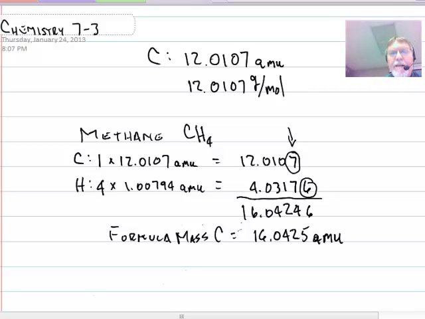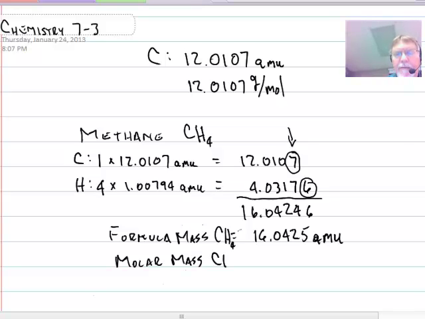And then just like with the atoms, the mass in atomic mass units becomes the mass in grams per mole. So the molar mass, that should be CH4, shouldn't it?